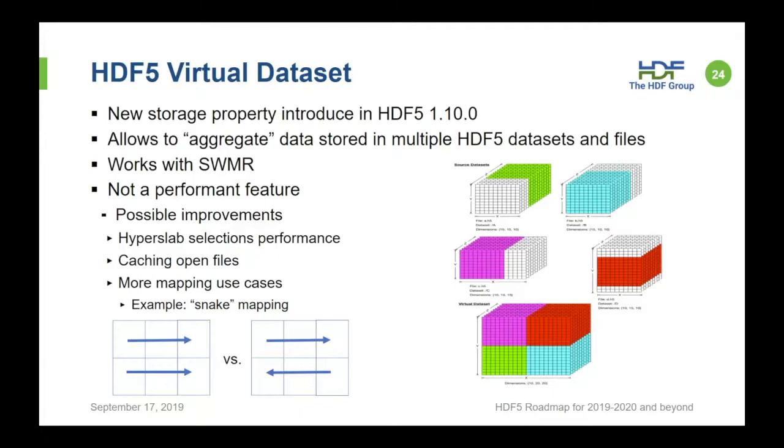And recently we were asked, can you have a mapping not going in this direction, but in the same direction, first row to the right and then the second row to the left. So there may be more complex mapping than just mapping of a hyperslab in the same ordering.